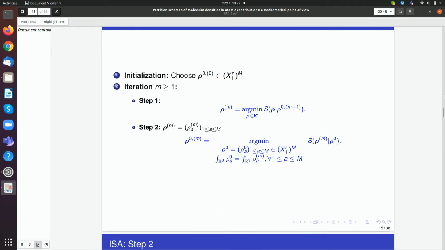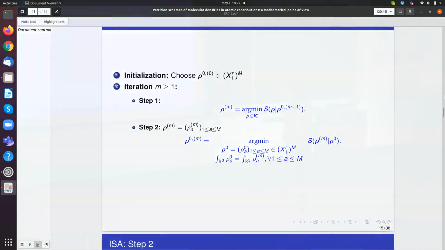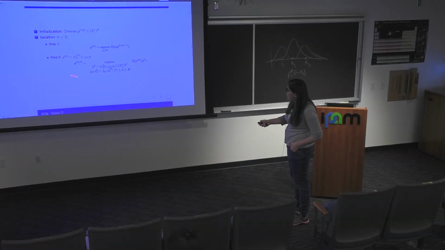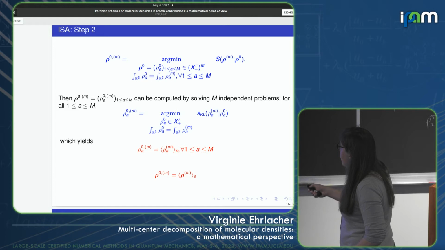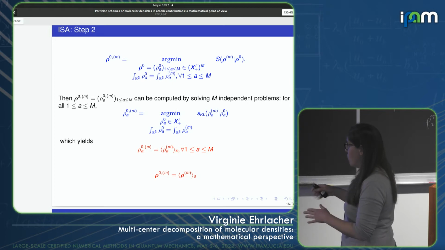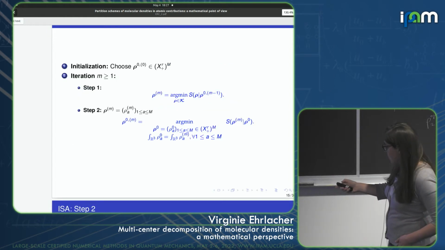What is nice is that you can explicitly express the solutions of these two steps of the algorithm. I'm going to begin with step 2. I just rewrote the minimization problem here. If you look at it closely and use the form of the entropy function S here, you can compute its solution by solving M independent problems.